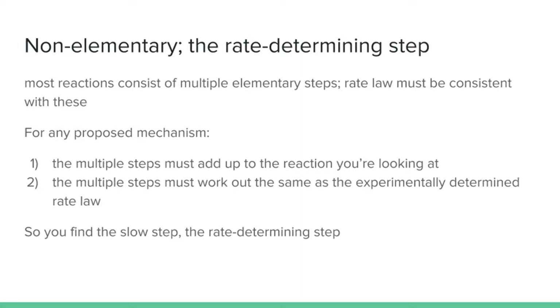Now, a reaction mechanism is a collection of elementary steps that is proposed as the possible mechanism for a given reaction. So for any proposed mechanism, all the steps have to add up to the reaction you're looking at.